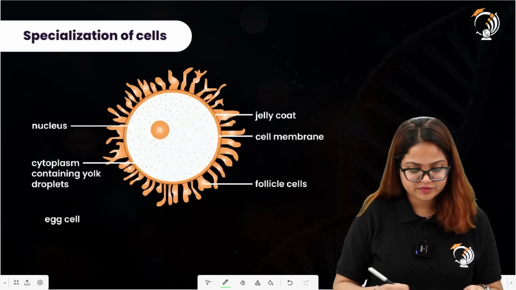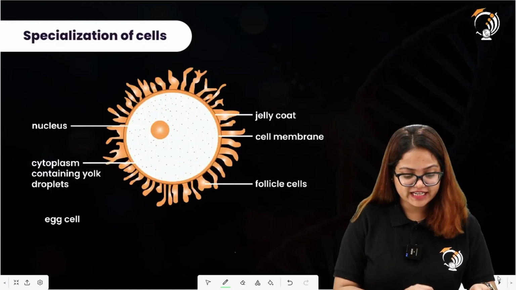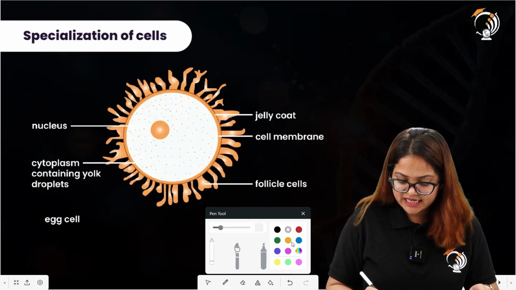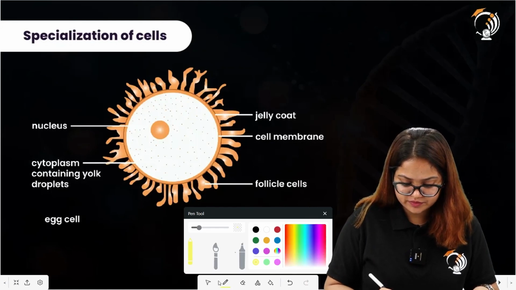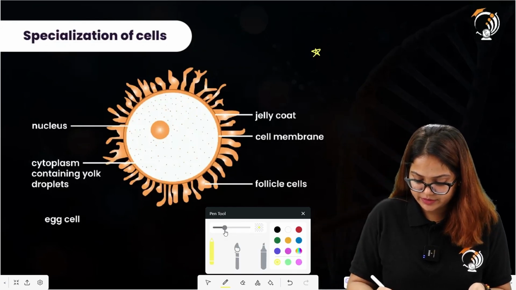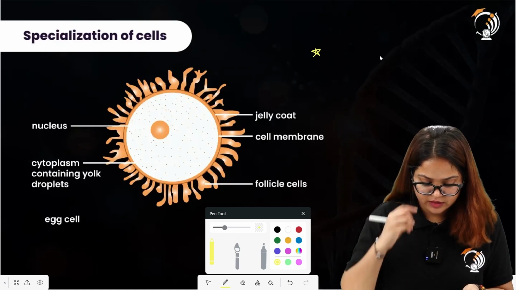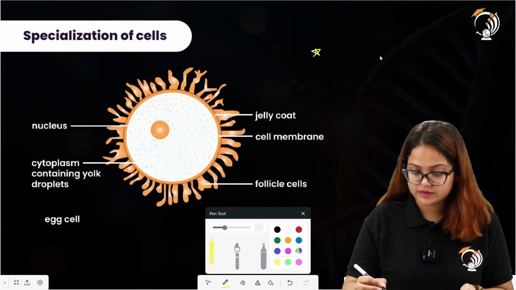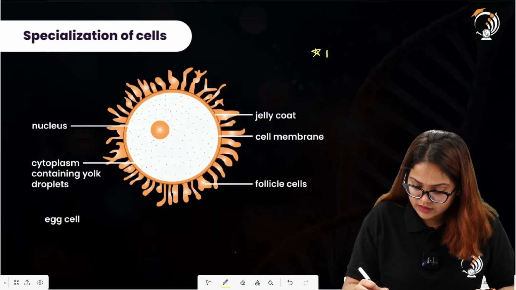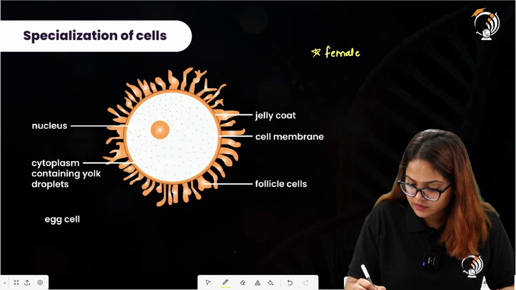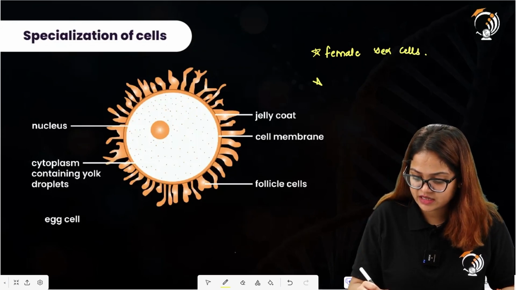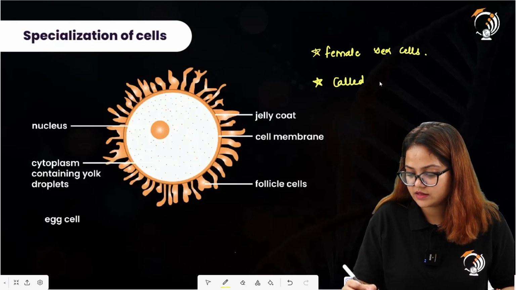Then we have the specialized cell, that is an egg cell. So that is the female sex cell. All right. We will write about it here as well. Or you can say female gamete called ovum.